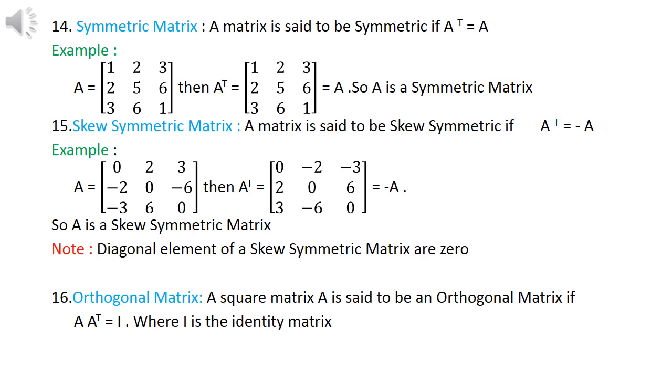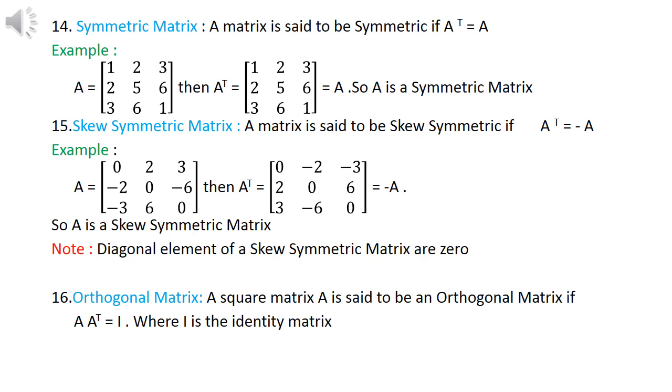In its transpose we get all elements are 0, therefore a null matrix is a symmetric matrix. Similarly null matrix is also a skew symmetric matrix because all elements are 0 and 0 and -0 are equal. Therefore null matrix is a matrix which is both symmetric and skew symmetric.